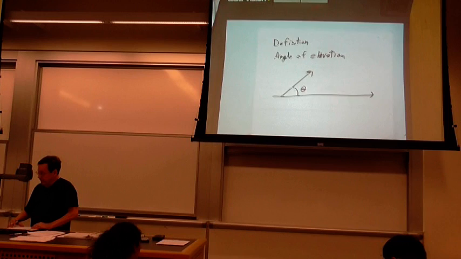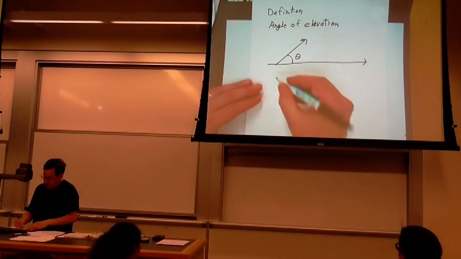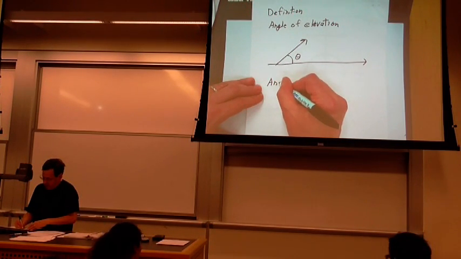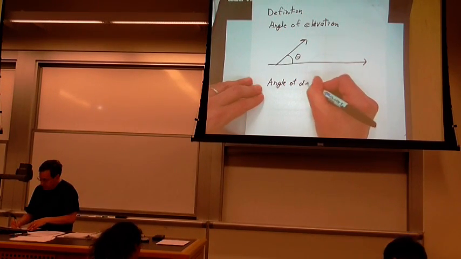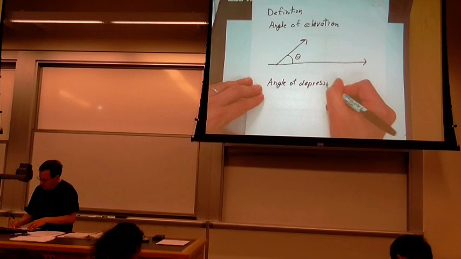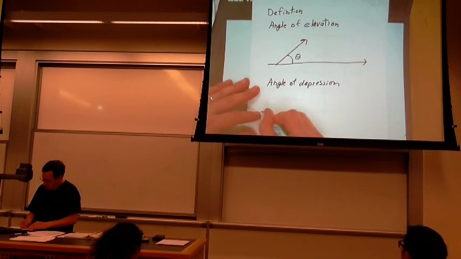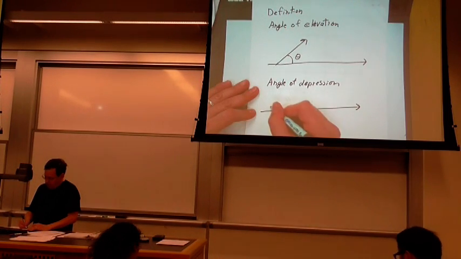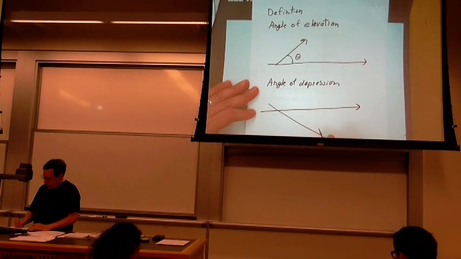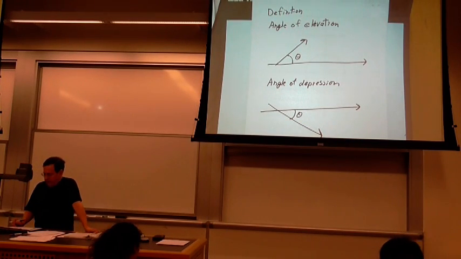That's pretty simple. Likewise, we have an angle of depression. And similarly, if you have a horizontal line and an angle pointing down below it, that's an angle of depression.